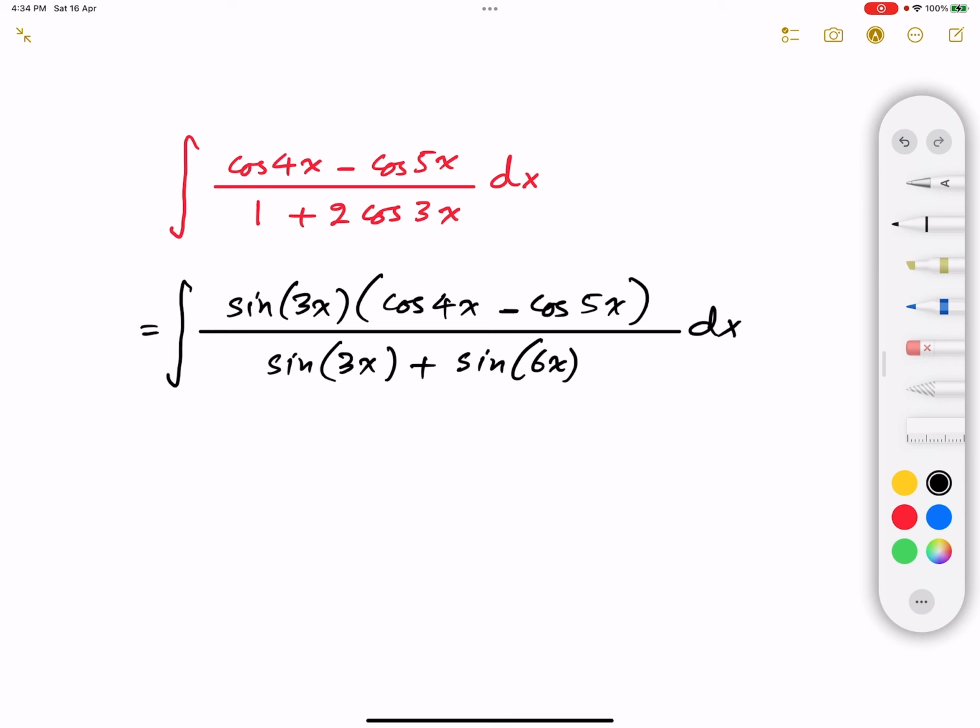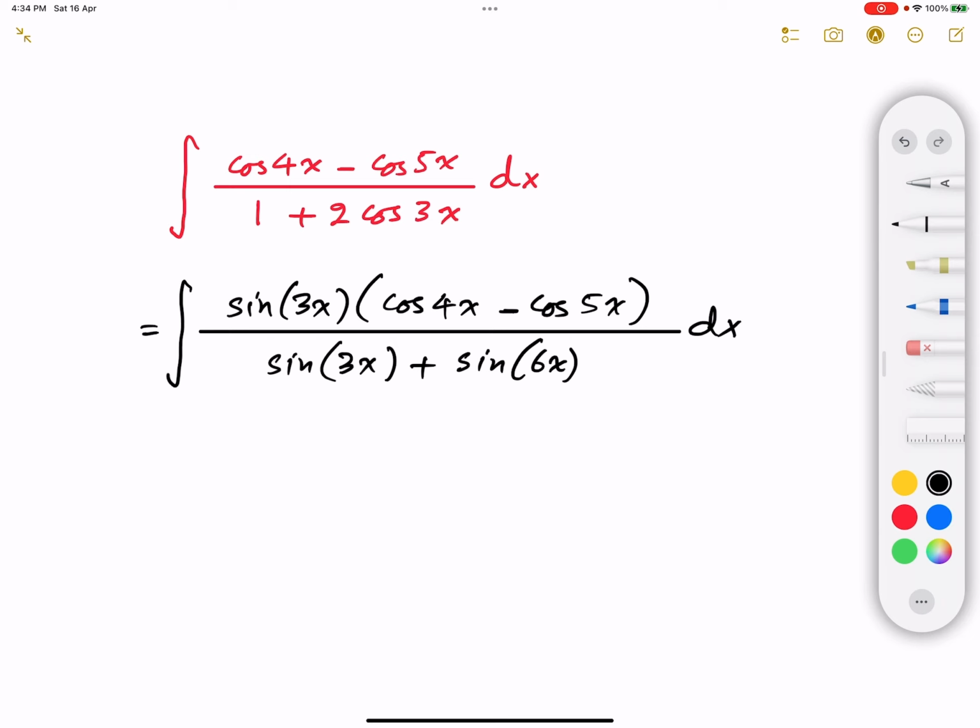Then we can notice that we have a sum of two sines in the denominator, and that can be rewritten as a product of a sine and a cosine. But of course, we need to multiply by 2 and then take half the sum and half the difference of the two angles respectively for the sine and the cosine.